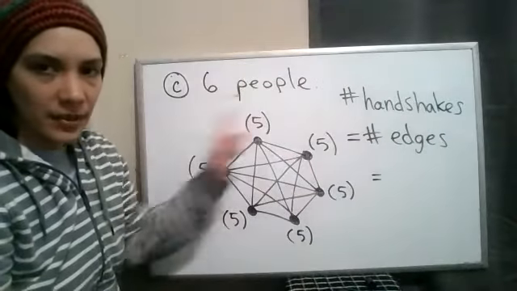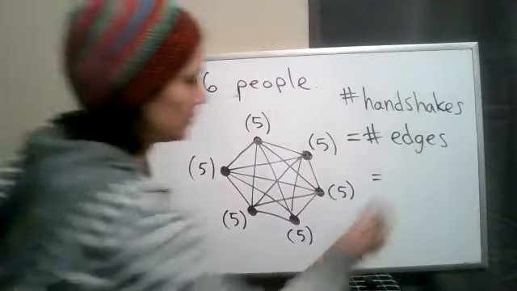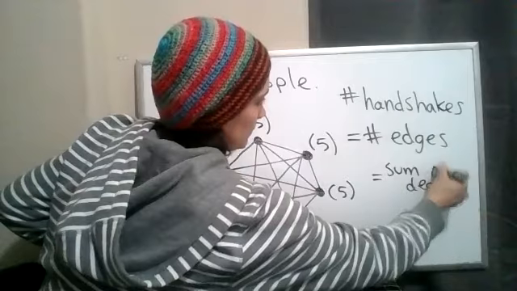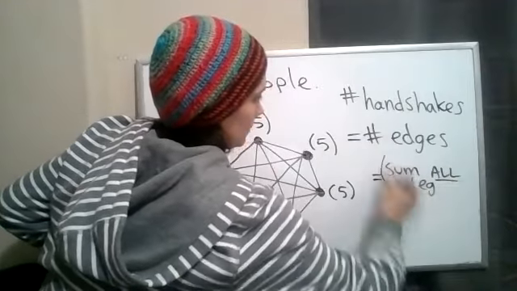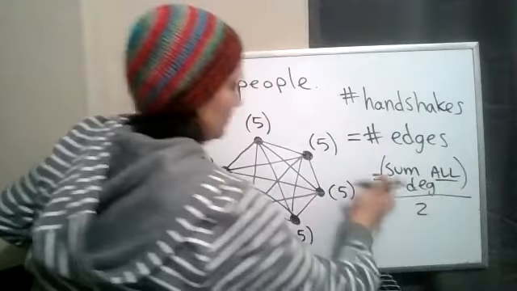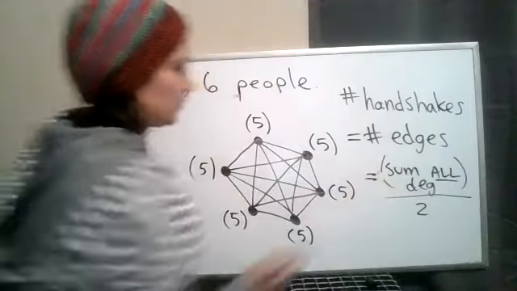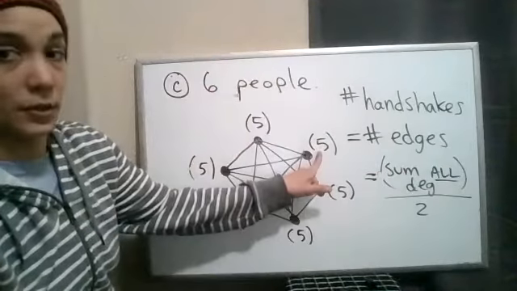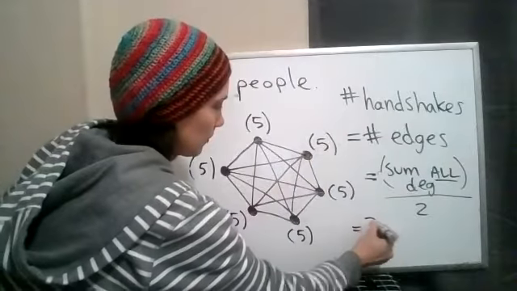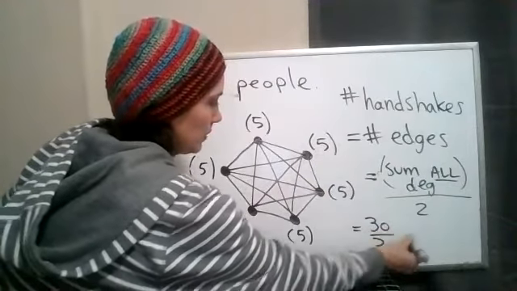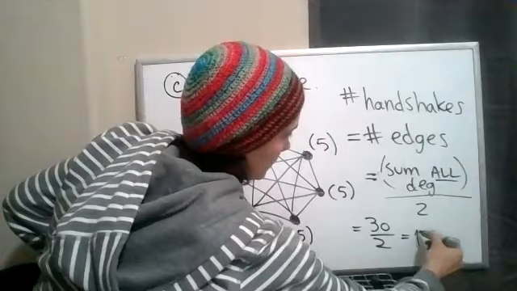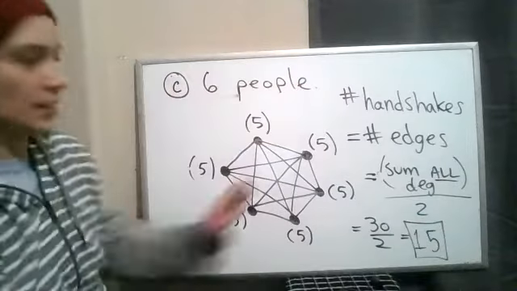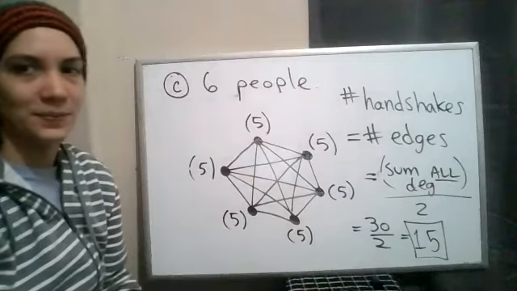So we find the sum of the degrees and then divide by 2. So 5, 10, 15, 20, 25, 30 total. So 15. Okay, so that's 15 handshakes.